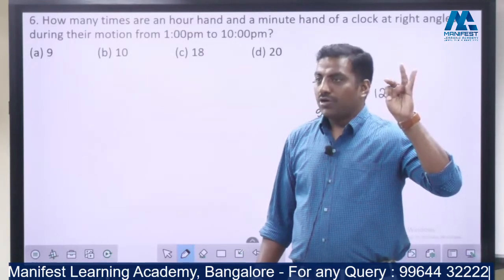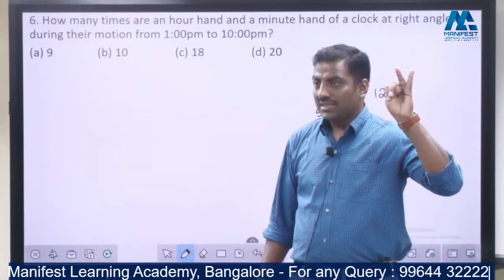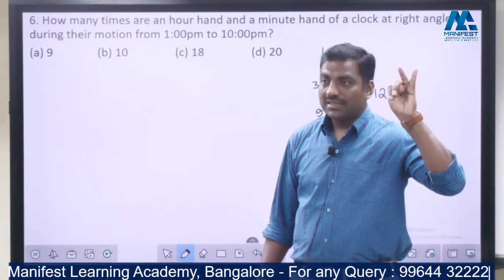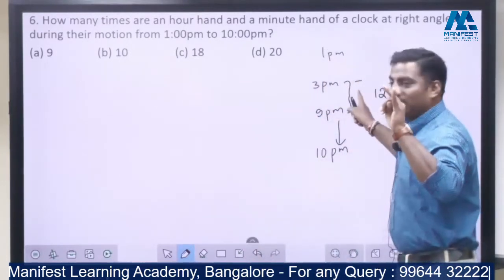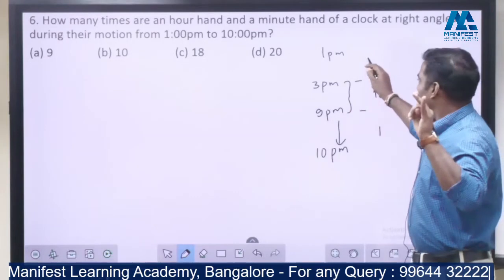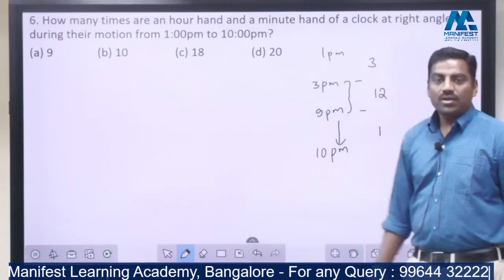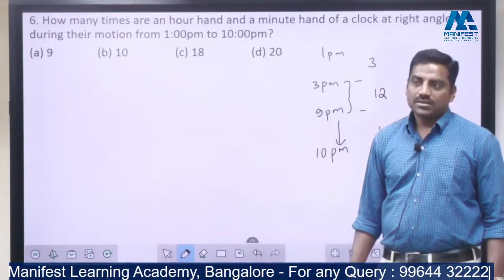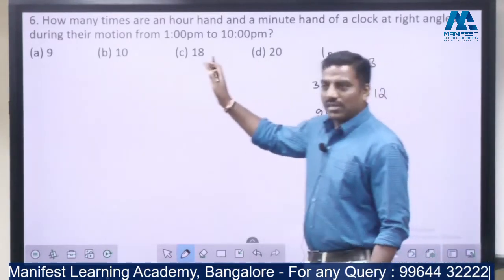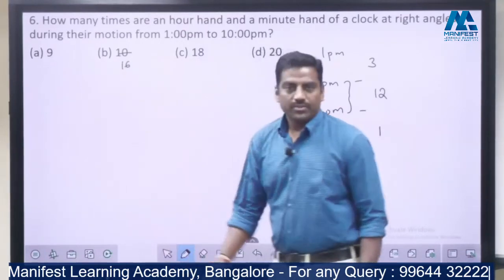Then somewhere close to 2:25. Then next is 3, but I have already counted 3. I should not do double counting. So here 3 times. How many times in total? Don't worry, the answer might be wrong. Take this as 16. Okay?